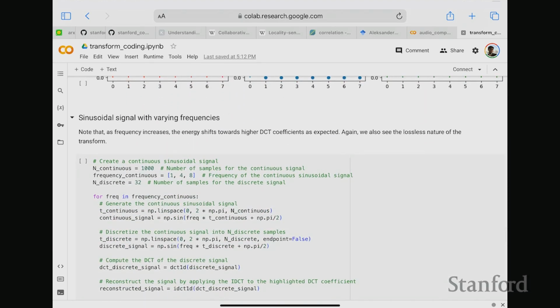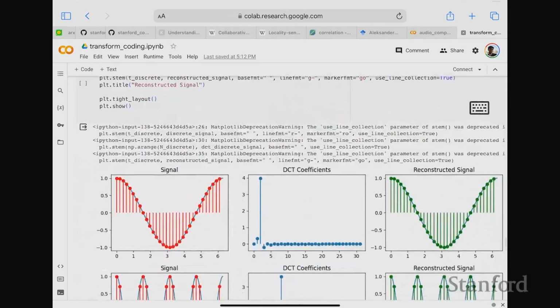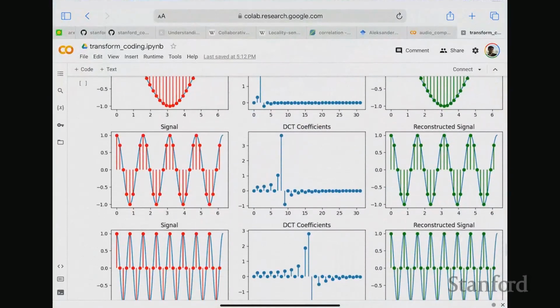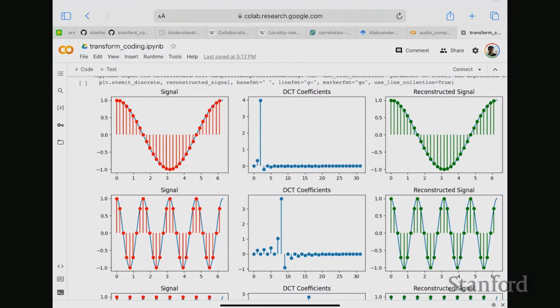Okay, so now in the next example, let me take some sinusoids with varying frequency. This is now my input signal. It has some frequency. I look at its DCT coefficients. It has value 0 for most of the high-frequency components, but there is a peak at index 2.